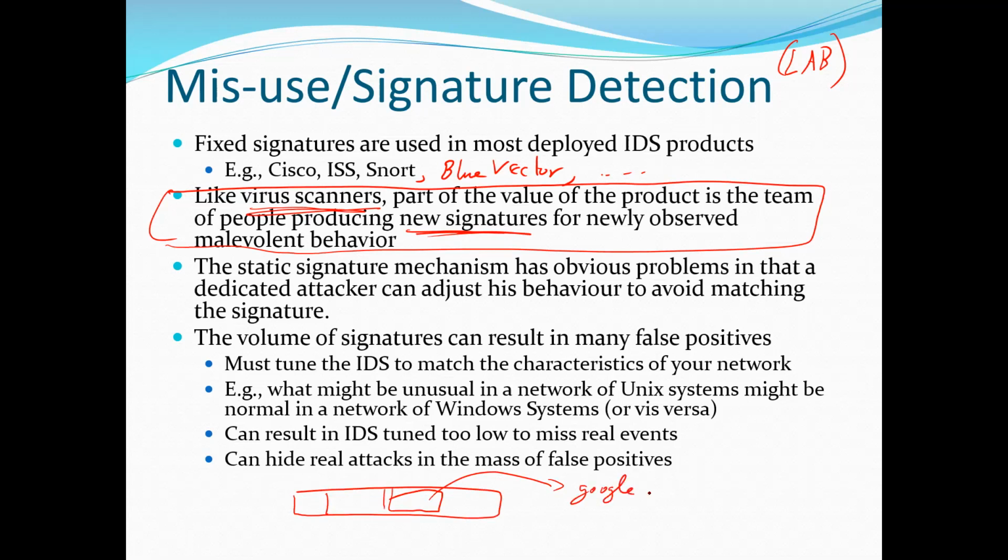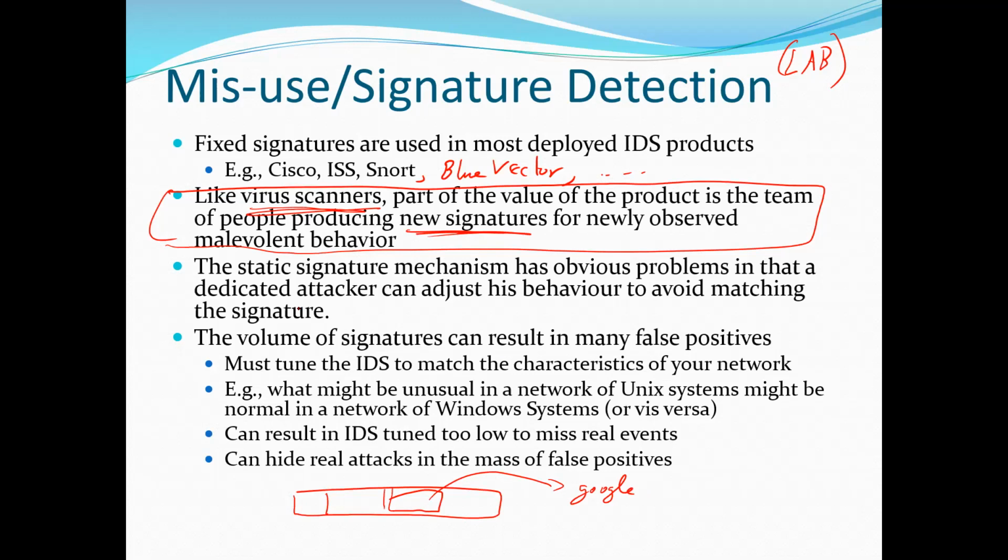Because all of this confuses the system, right? For anomaly or machine learning, whatever it is, all they have to do is make their attack look more like normal network traffic. So disguise it with some email stuff or with some Google stuff. And so it's a very complex problem.